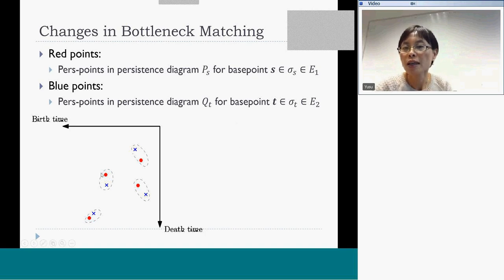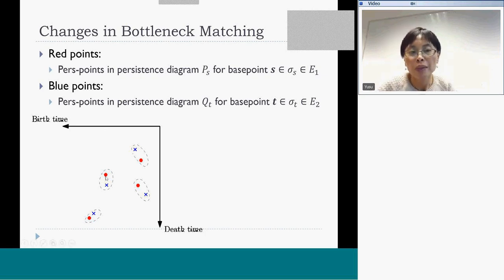Let's say in this illustration, I'm going to use the red points to represent the persistence diagram P_S for base point S in the first graph G1, and blue points to represent the persistence diagram Q_T for base point T in the second graph G2. Assume that for fixed base points S and T, these are their corresponding persistence diagrams, and what I circled here is the assumed optimal one-to-one correspondence between them that gives rise to the bottleneck distance between the red points and the blue points.